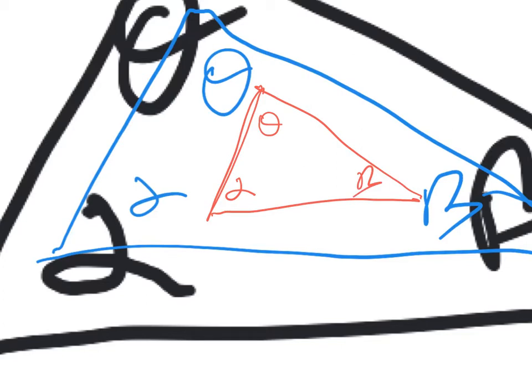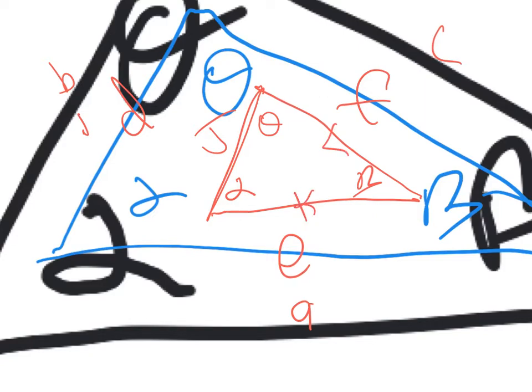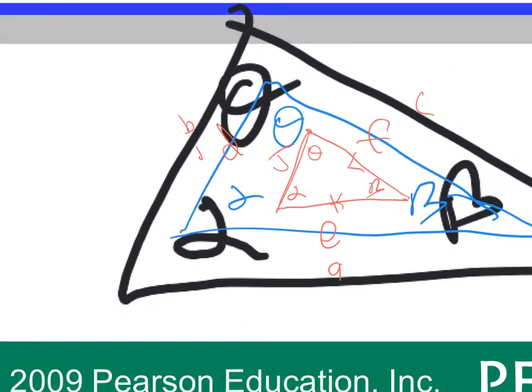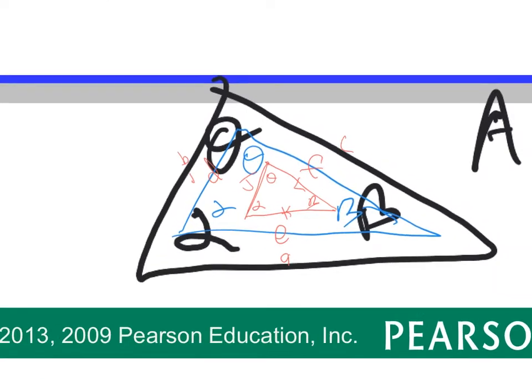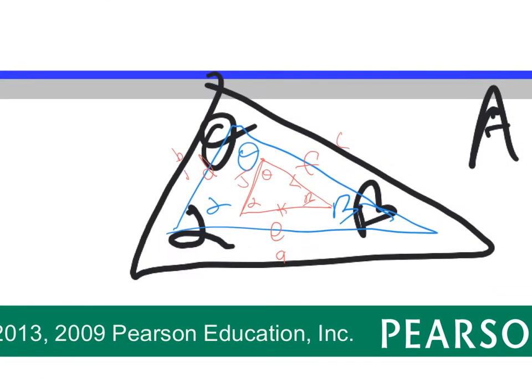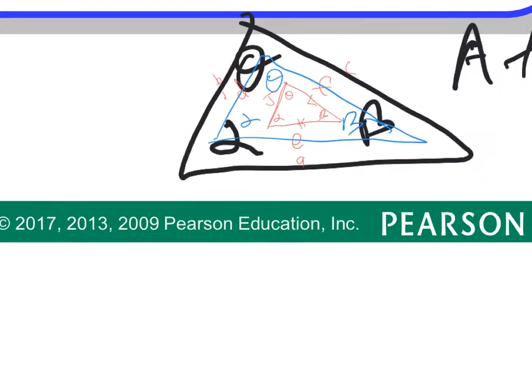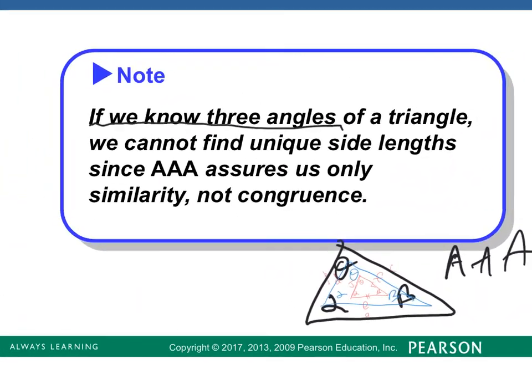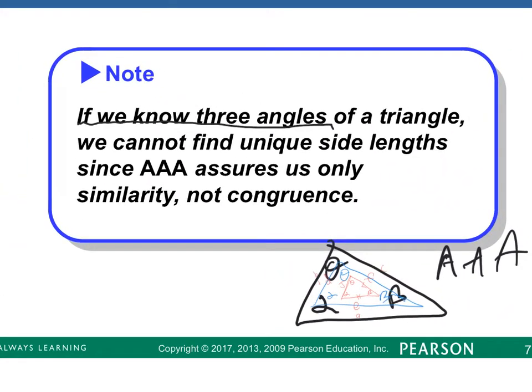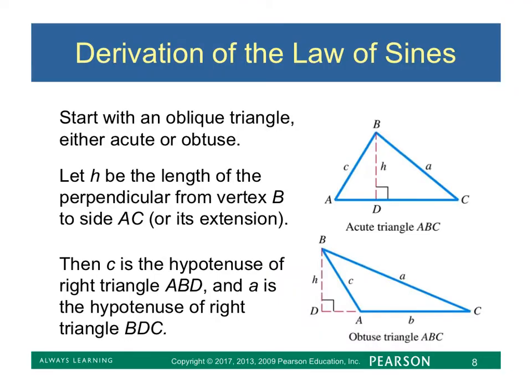But yet the sides of the original were A and B and C, and then this one was D and E and F, and now I'm at J and K and L. The sides constantly change. So just because you know three angles, it doesn't tell you any information about the sides. So you can't use it to solve the triangle. When I say solve the triangle, it means find all the missing pieces.